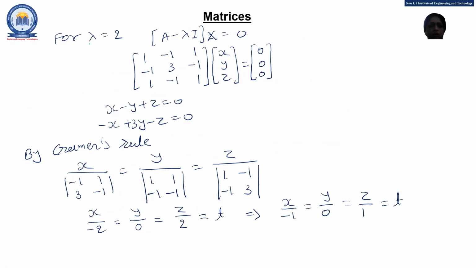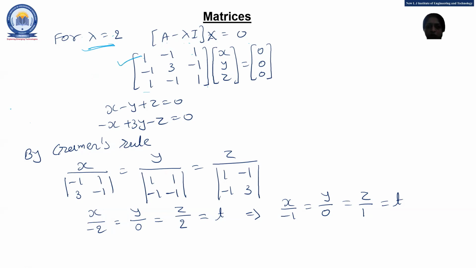Now, for the first eigenvalue, lambda equal to 2, we solve A minus lambda I times x equal to 0. By applying lambda equal to 2 in these equations, we have this matrix, right? See carefully, here the first row and second row are the same. So we have two different rows, and we need just two different rows for finding the values of x, y, and z.